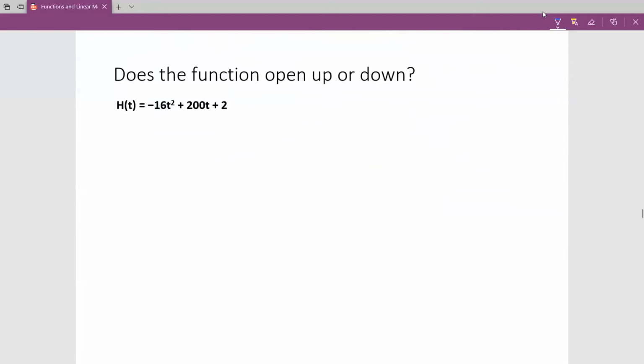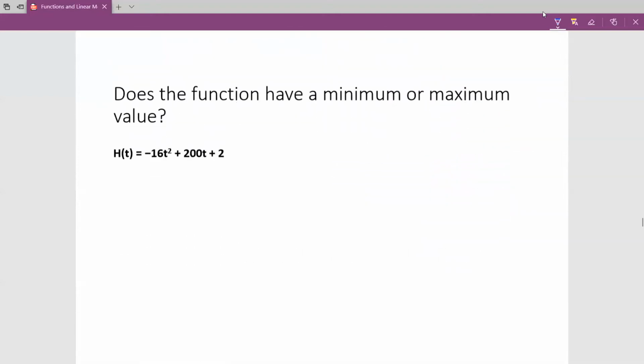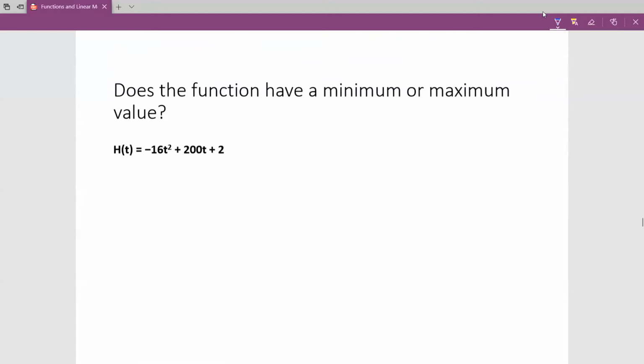Does the function open up or down? A is less than 0, so it's going to open down. And does it have a minimum or maximum value? Since it opens down, it'll have a maximum value.